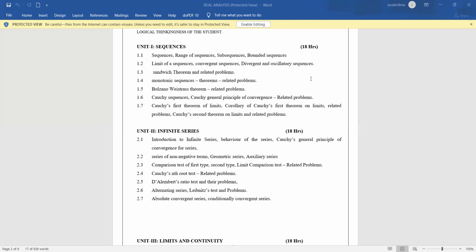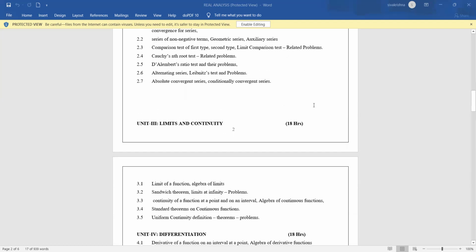After that, we will learn one important topic in unit 2, that is absolute convergence and conditional convergence. These are the concepts we will cover in infinite series. Next, coming to the third unit, we will learn about limits and continuity: how to evaluate the limit of a function, and the definition of continuity of a function in limit notation.